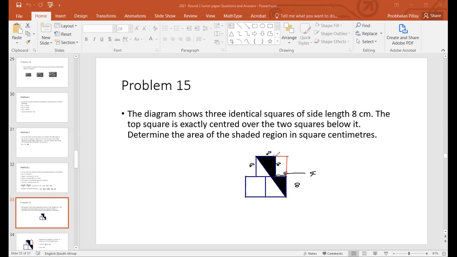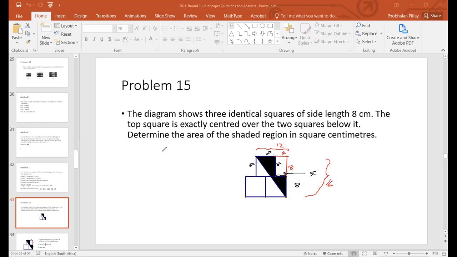Now, do we know what this is? Well, we just said that this part is 4, so that is 4. And this part here will be obviously 8. So now we have the dimensions of everything in sight. The triangle has got 12 on one edge and 16 on the other.